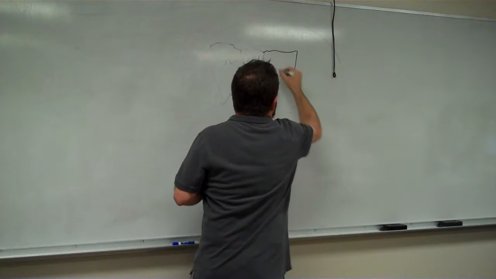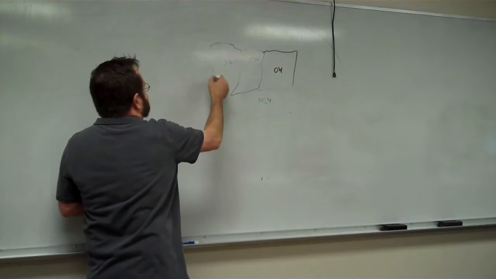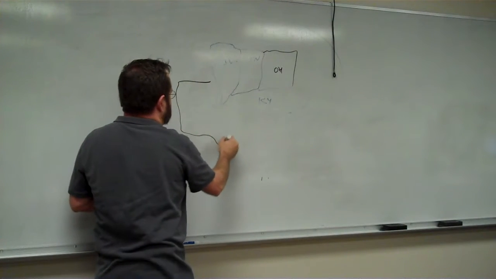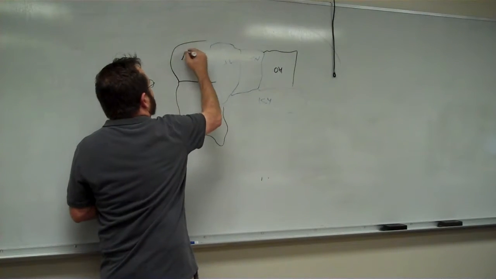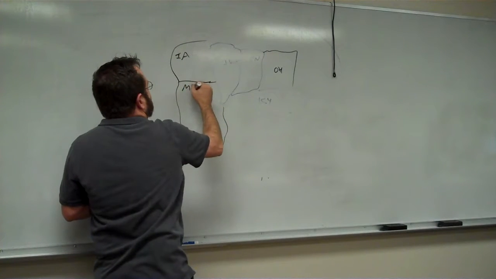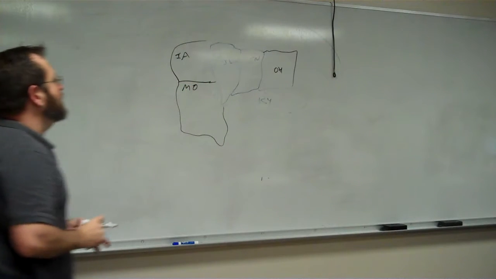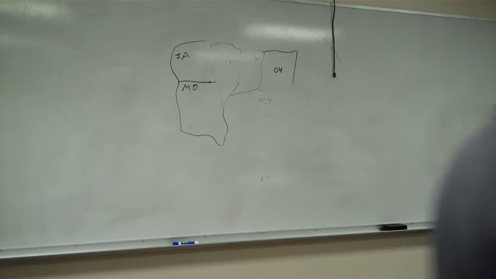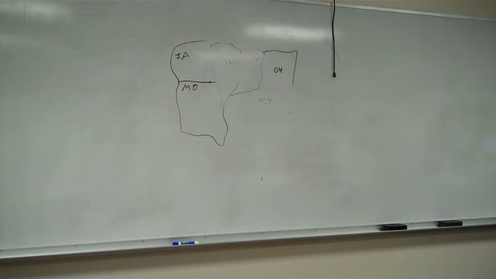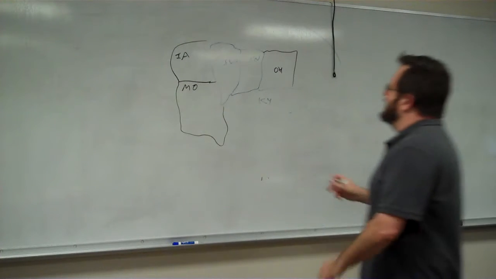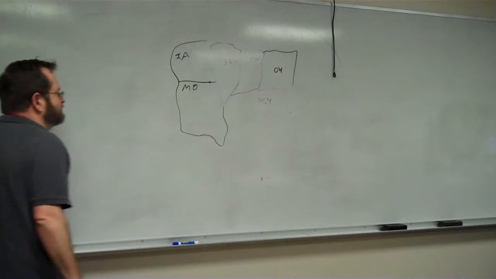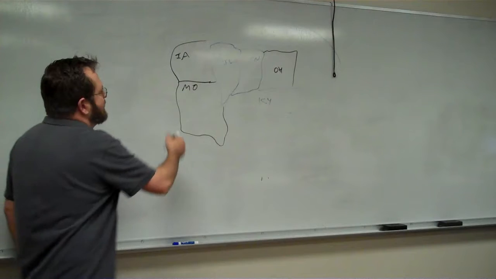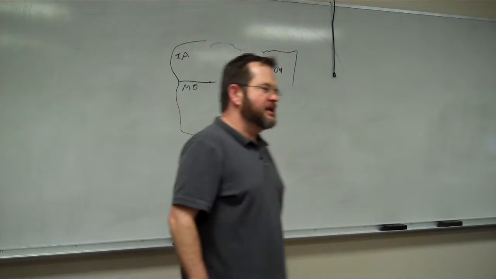I don't even have the slightest idea what Ohio looks like. Here's Missouri. Here's Iowa. Okay. Let's say we know this is the universe, the universal set of states in this region. I don't know, whatever. Anyway, this is it. All right.